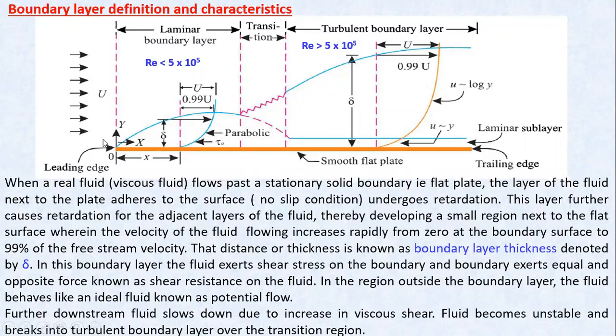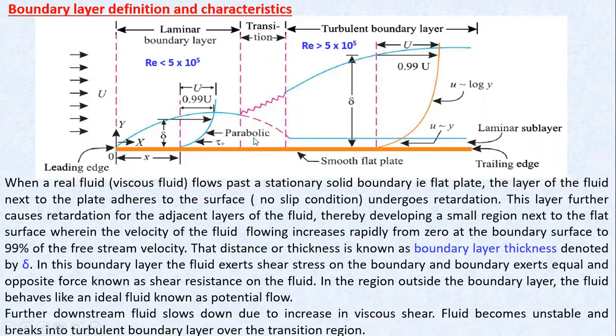That layer of the fluid immediately next to the plate surface adheres to the plate surface, and that condition is known as no slip condition. That means the fluid layer will not slip off the surface and undergoes retardation. This further retards the layer next to it.